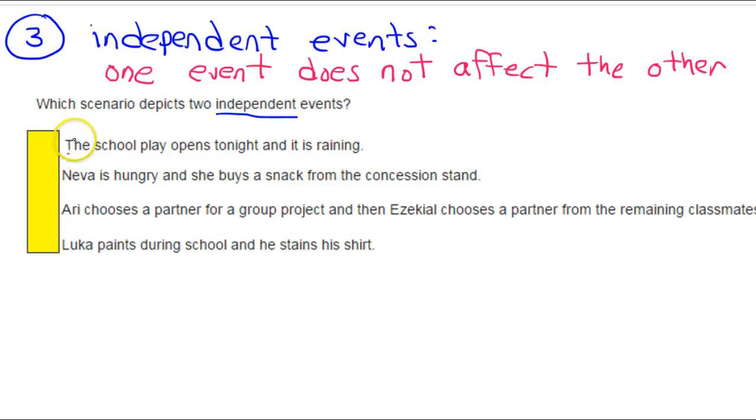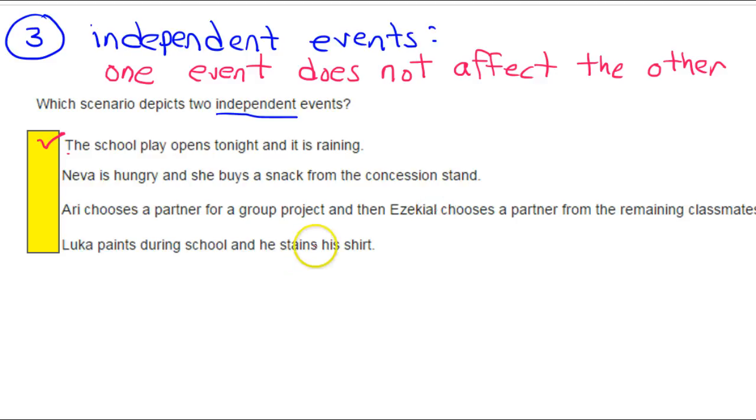Well, I'm pretty sure that these are two independent events, because the school play is going to open regardless of whether or not it's raining. And whether it rains or not is not going to be affected by whether or not the school play happens. So these are completely independent, so that would be my vote.